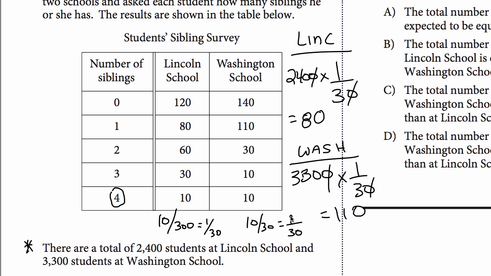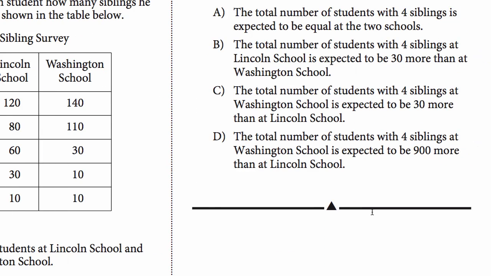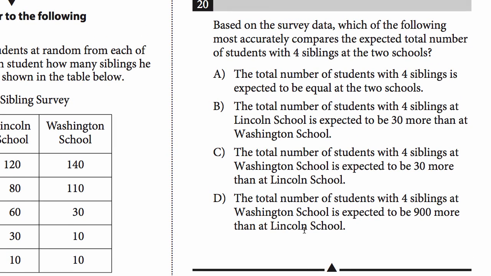This is 1/30 of the entire school, okay? So what does that mean? Washington has 30 more people, right? 110 minus 80 is 30. So you can expect 30 more people at Washington. So which one is that one? I think it's C, right? Washington School is 30 more than Lincoln. Choice C. And you're done. That's it.